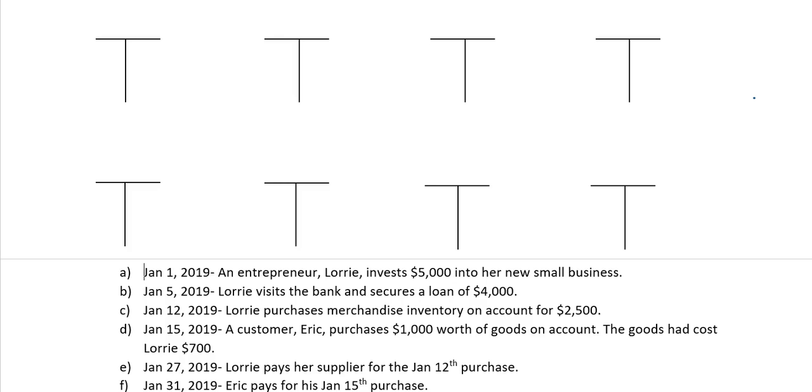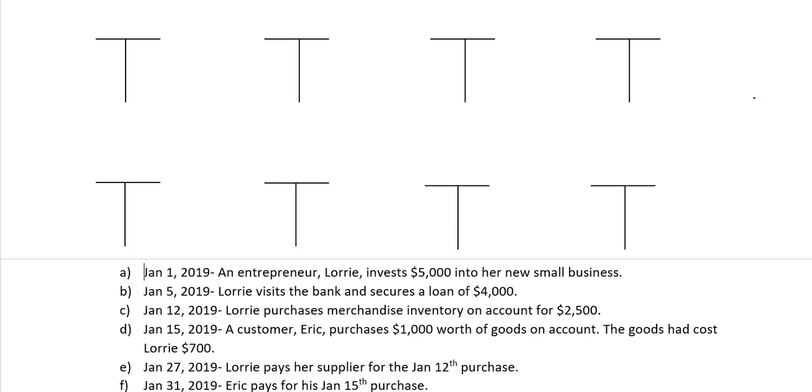The first thing we're going to look at is the list of transactions which we must produce T accounts for. So, for instance, letter A, on January 1st, 2019, an entrepreneur, Lori, invests $5,000 into her new business.